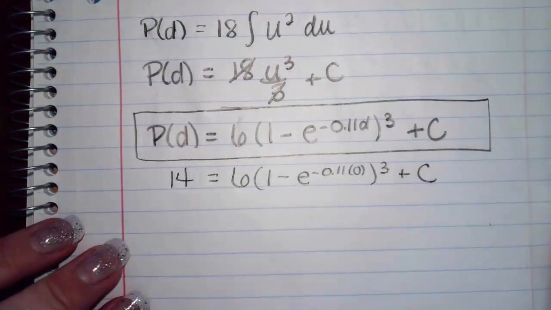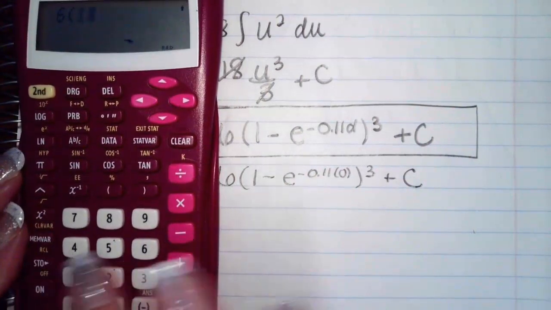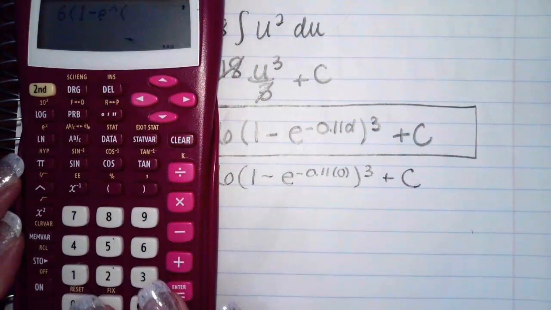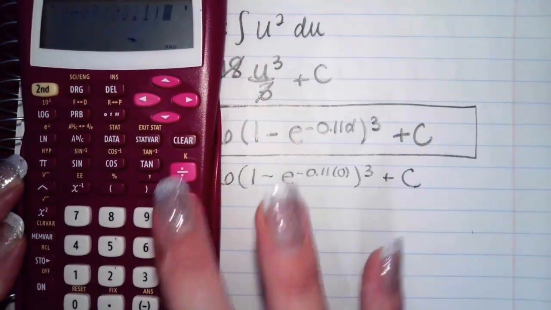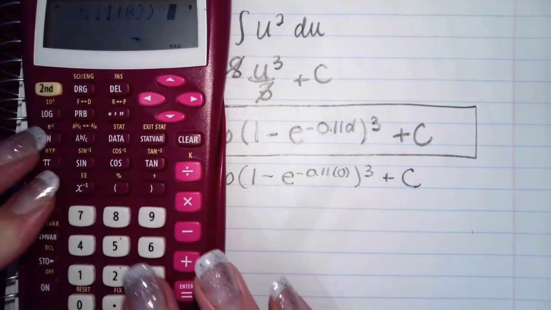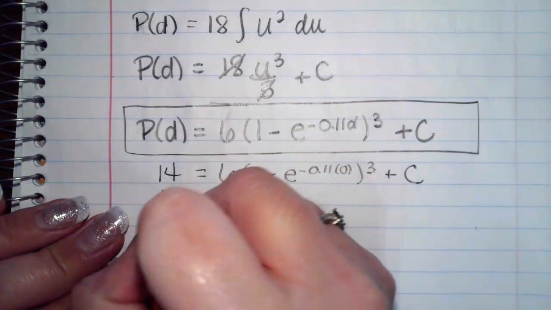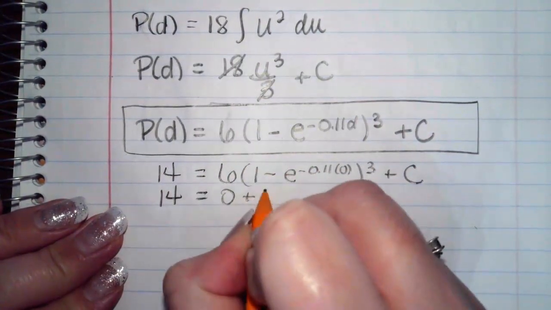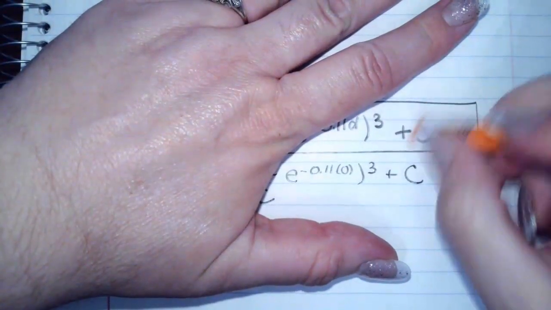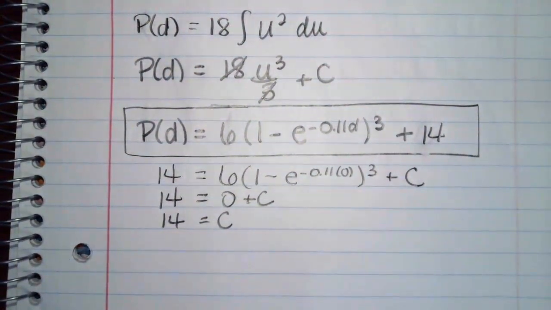So that's going to end up giving us 6 times 1 minus e to the negative 0.11 times 0. And then we're going to cube that. And we get 0. So 14 equals 0 plus c. So 14 must equal c. So instead of a plus c, we have a plus 14.